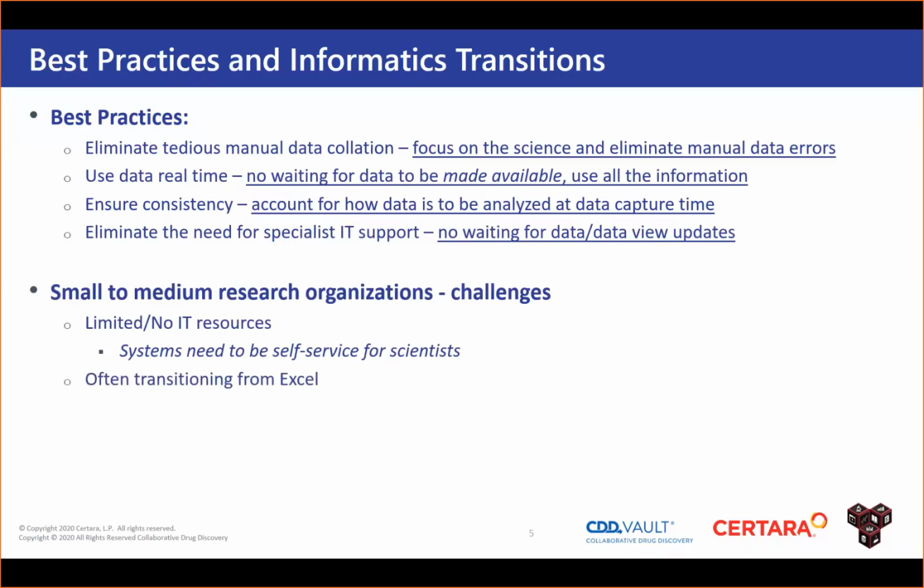Secondly, one of the key elements we see, especially with smaller organizations, is when they first get into the search and they first start getting their substances and testing them, that data is often captured and analyzed and understood in Excel. Excel is probably the most commonly used research application today. But transitioning from Excel is very important because using Excel requires a lot of that manual data collation.